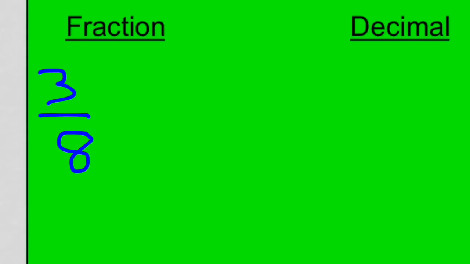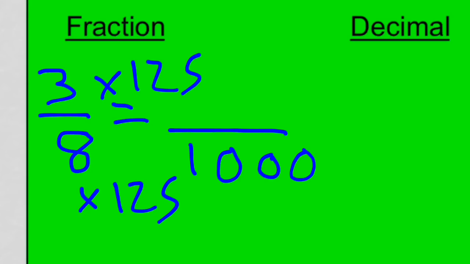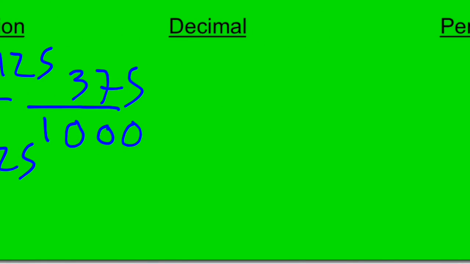Now for the decimal, from the previous question, we learned that you can make that out of 1,000 by timesing by 125 and do the same thing to the top. 3 times 100 is 300. 3 times 25 is 75. So that's 375. Now we can get to the decimal. 3 zeros on 1,000 means 3 decimal spots.